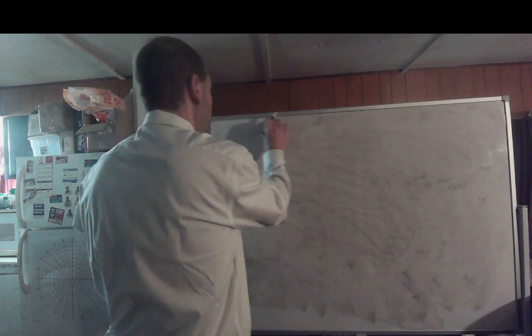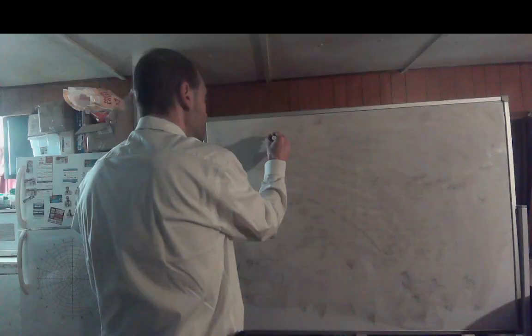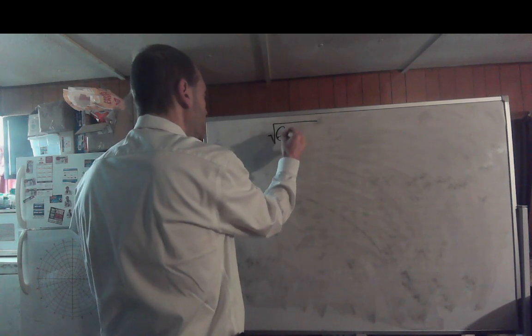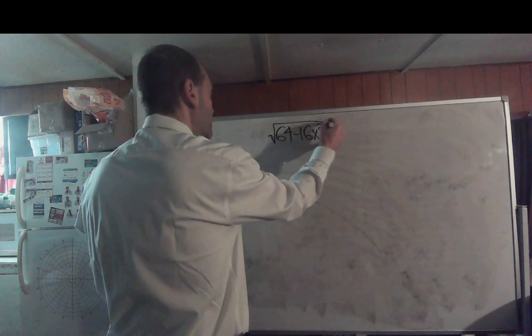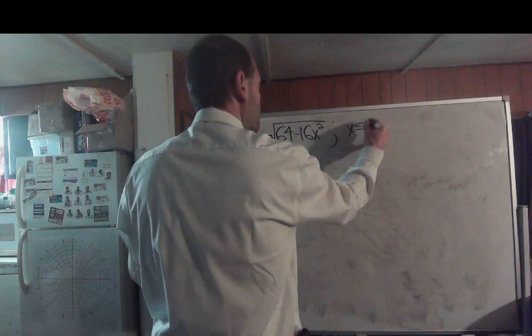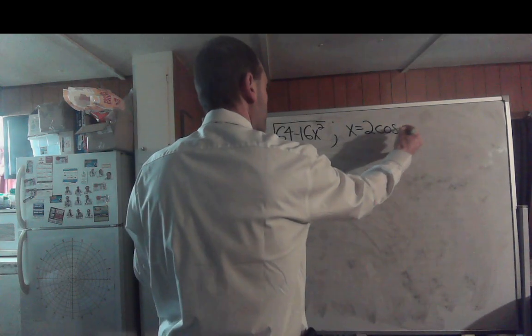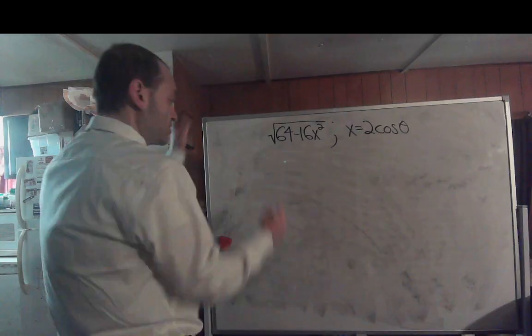Let's see, we have now the square root of 64 minus 16x squared. They're going to tell you to make the substitution that x equals 2 times the cosine of theta. So let's put that in.